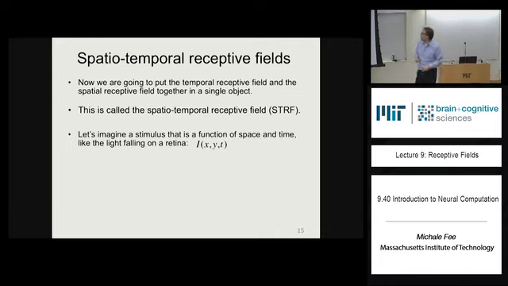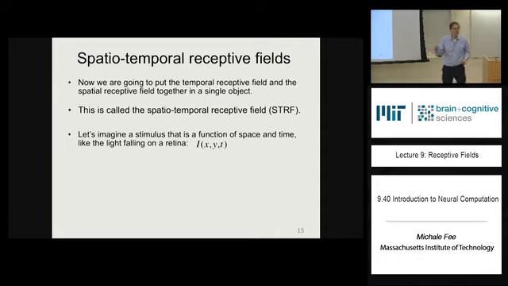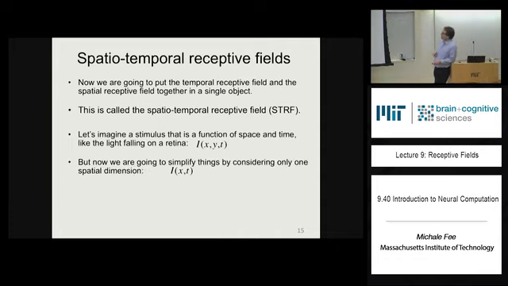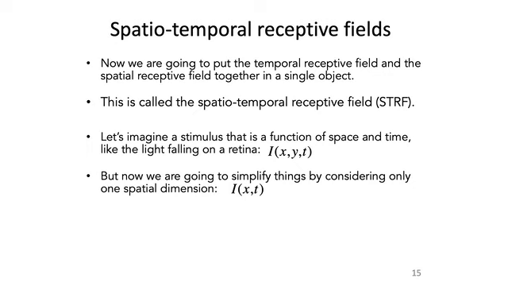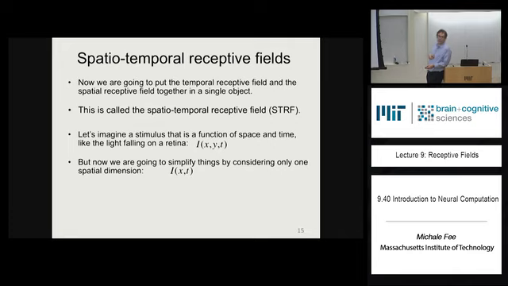We're going to present this to our retina, and simplify by considering just one spatial dimension. So we're going to take your favorite movie and collapse it into intensity as a function of position. It's probably not nearly as interesting, but it's much easier to analyze.